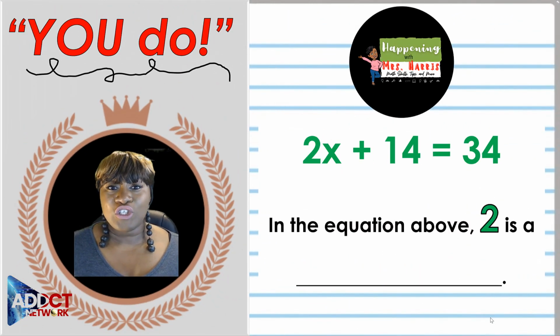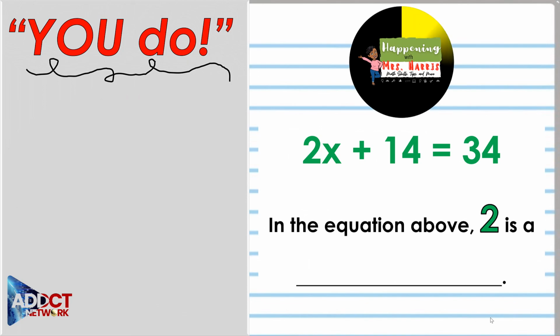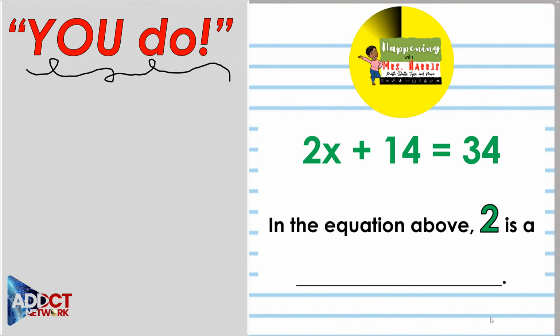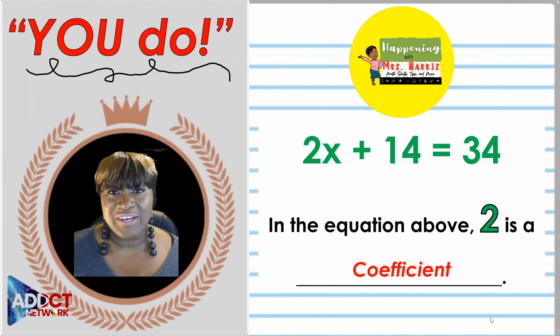Next question. 2x plus 14 equals 34. In the equation above, 2 is a... 2 is a coefficient. Way to go.